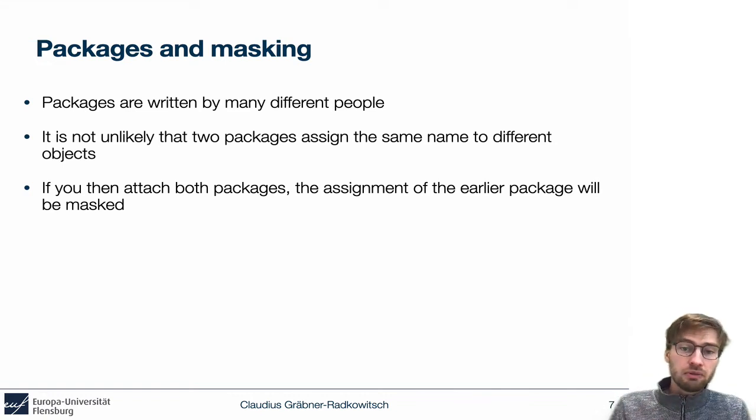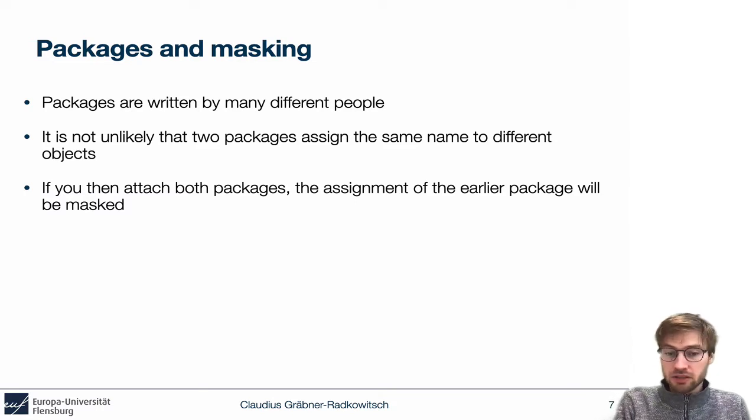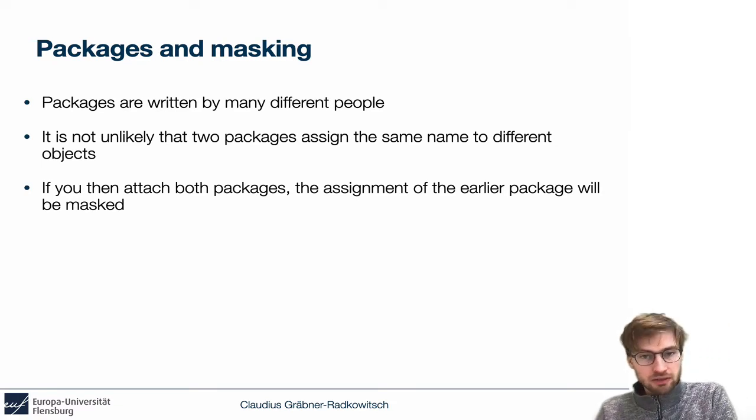So if there are two packages and both define a function called, say, Genie, then of course if you write down the name Genie, it can only point to one of them. And what is happening in practice is that all potential function definitions of the first package will be overwritten by the object definitions of the second package.